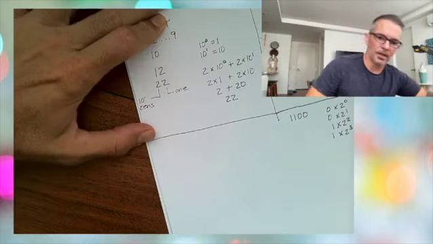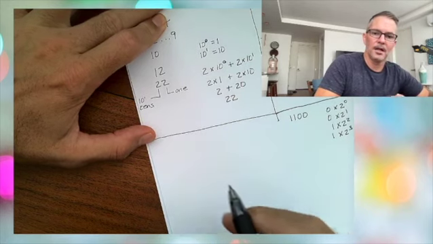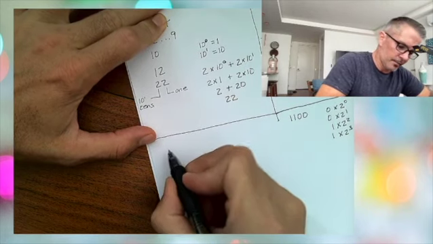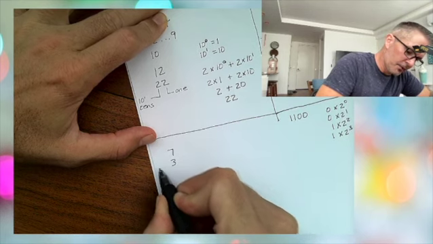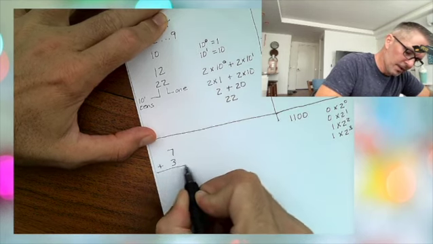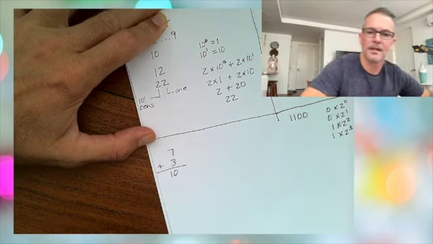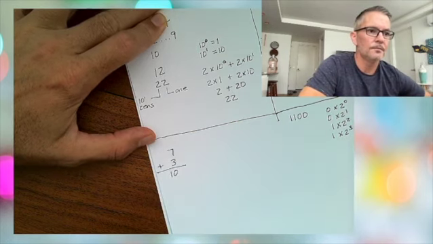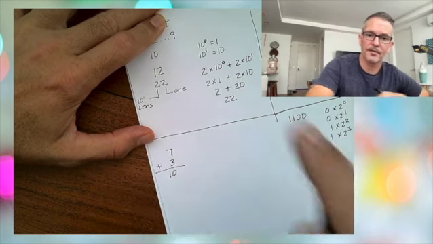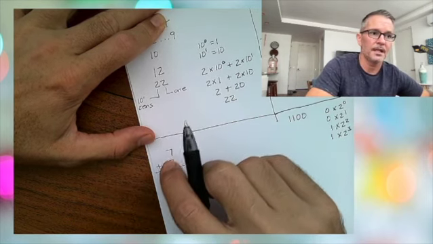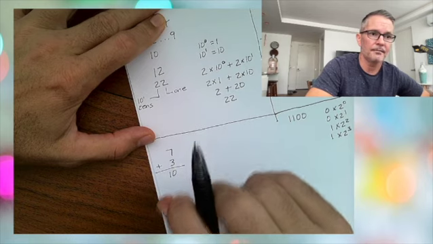So let's take a look. I want to do arithmetic on the number 7 plus 3. So we know in decimal that equals 10. I'm not going to run through the process of converting 7 and 3 into binary, okay?